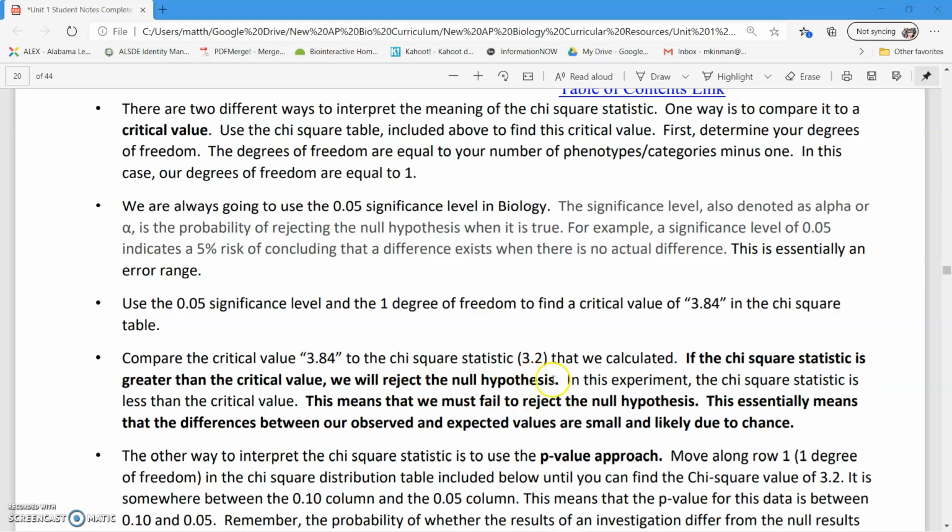However, if the chi-square statistic is lower, then you fail to reject the null hypothesis. And no, that does not mean that you are wrong. In science, you're not really right or wrong. You just collect evidence and you find what you find, and then you move on to do more experiments to find out more. So you don't really fail, even though the word is fail to reject.